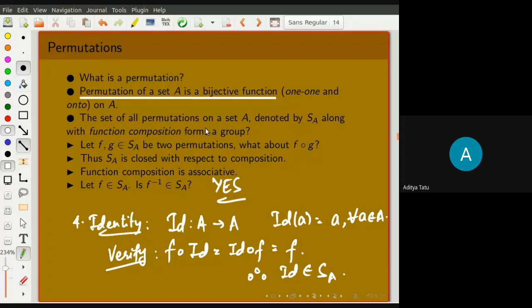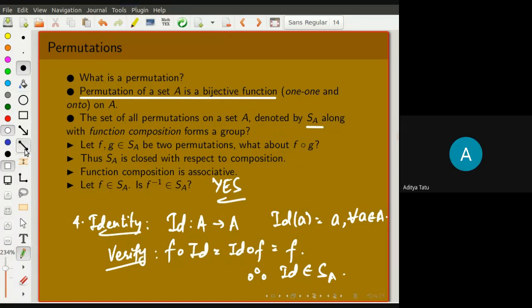So how do we define this set S_A? S_A is the set of all bijective functions, right? Understood, sir. Right. Any questions with this?